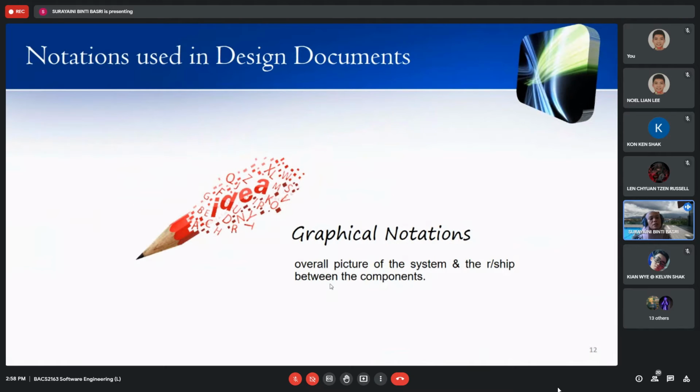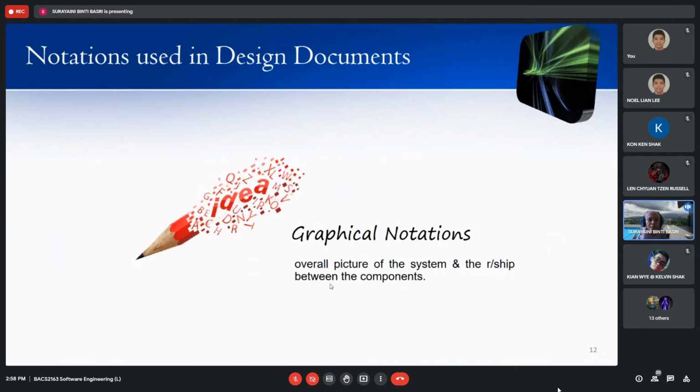First is the graphical notation. Here, you will need to draw some graphics that tell the overall picture of the system and the relationship between the components.